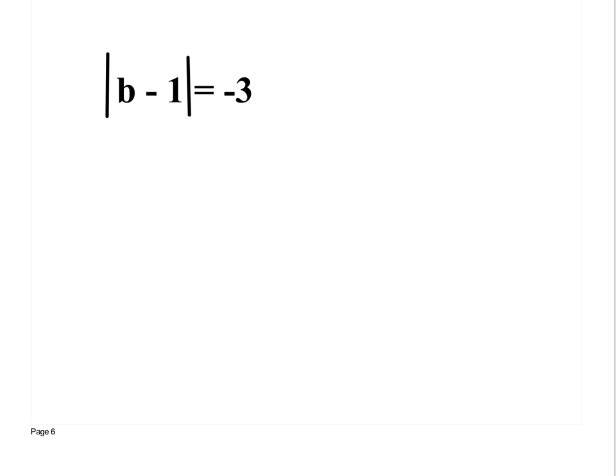No, that's why the answer to this is the empty set. It doesn't matter what you plug in for b, you'll never get the right answer. Because think about it, if I tried to put this on a number line, and it's saying the distance from 0 is negative 3, but distance can't be negative, how does that work? It doesn't. It doesn't work.